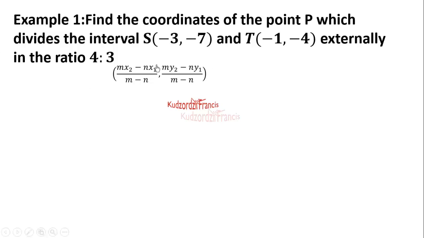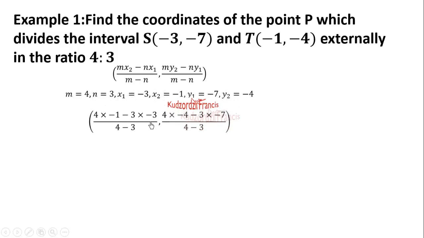So we have m to be equal to 4, n equal 3, then we also have x1 equal -1, y1 equal -7, and y2 equal -4. So let's do the substitution into the formula to obtain something like this.